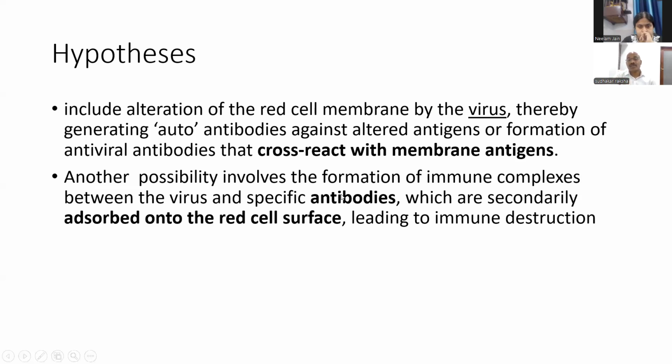Sometimes the antibodies formed against the virus attach to the surface of the red cells, and then there is a destruction of the red cells. So this is a mechanism of hemolysis, lysis of the red cells, breakdown of the RBC leading to anemia.